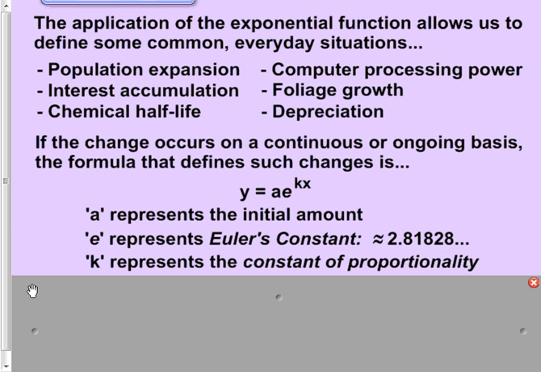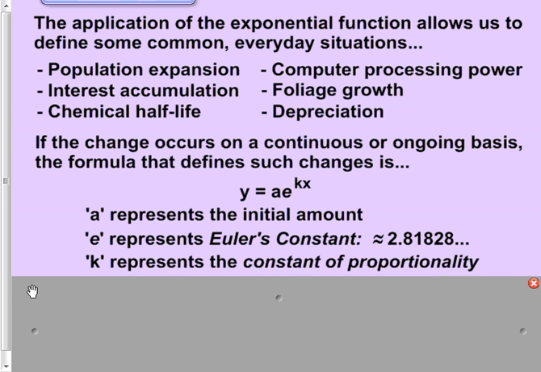The next variable is K. Okay, and K is officially what's referred to as the constant of proportionality. Its function is to basically relay to the problem not only whether the problem is growing or decaying, but also by how much it is growing or decaying.